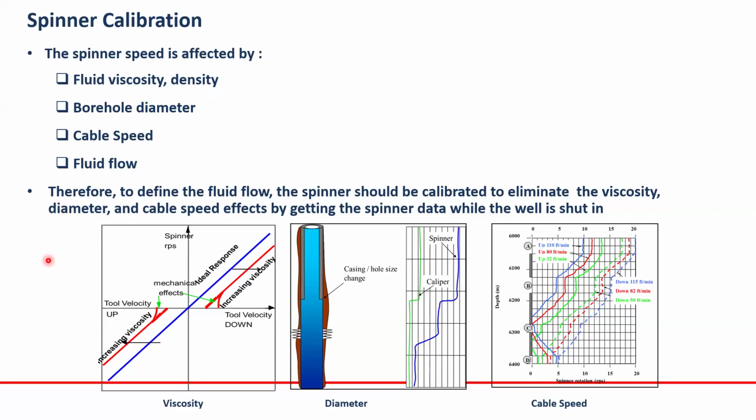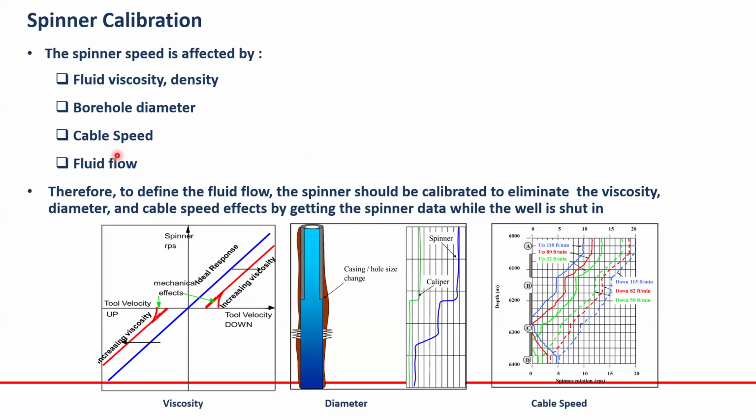So the factors affecting the spinner are density, viscosity, borehole diameter, cable speed, and fluid. What we need to know is the fluid flow, so we have to compensate or correct for this.